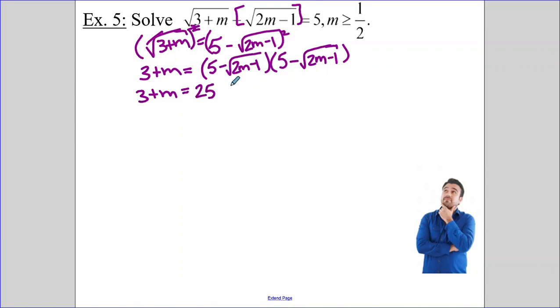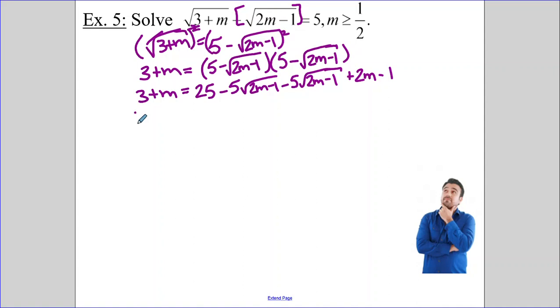I'm going to FOIL this out now. Outside terms looks like it's minus 5 root 2m minus 1. And then inside terms look like another minus 5 root 2m minus 1. And then my last two terms look like plus 2m minus 1, because these two are going to be squared, and that's going to eliminate the square root.